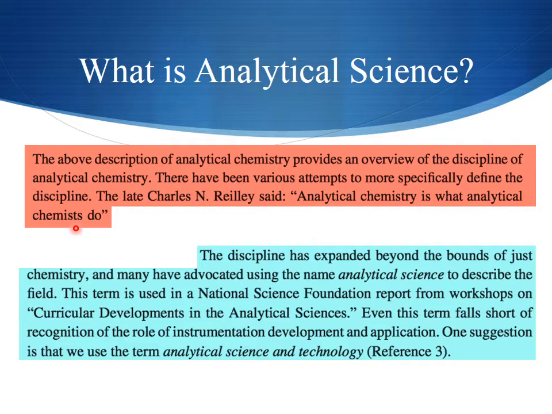So this is the most simplistic definition. Then the discipline has expanded beyond the bounds of just chemistry, and many have advocated using the name analytical science to describe the field.